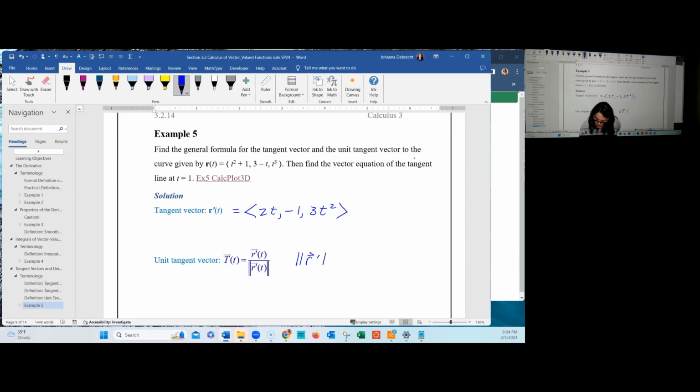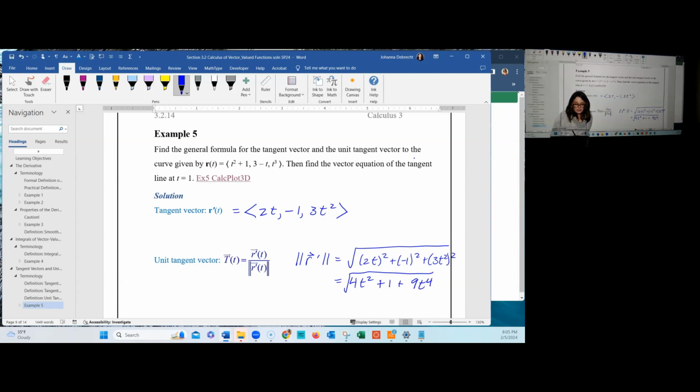When we find the magnitude of the vector, this is the square root of each component squared. So I have the square root of (2t) squared plus (-1) squared plus (3t squared) squared, which is going to give me the square root of 4t squared plus 1 plus 9t to the 4th.